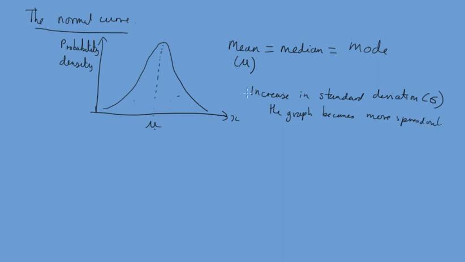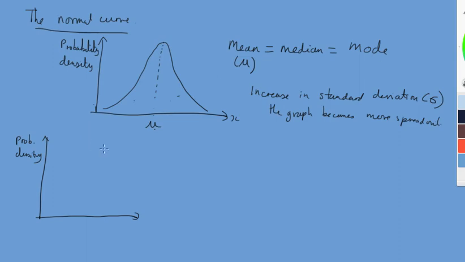So let's look at a few different shapes. We've got our axis, this is probability density. I'm going to change the colour, so we've got two different curves on the same graph. So let's do a red one, and let's do a green one.